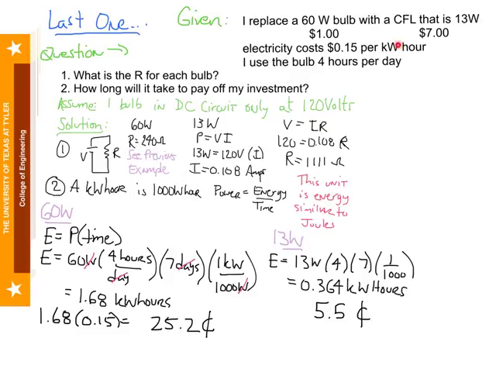How long is it going to take me to save $6? Which is the second question. How long will it take to pay off my investment if I replace that bulb with a $7 bulb versus a $1 bulb? So I have to make $6 in savings.